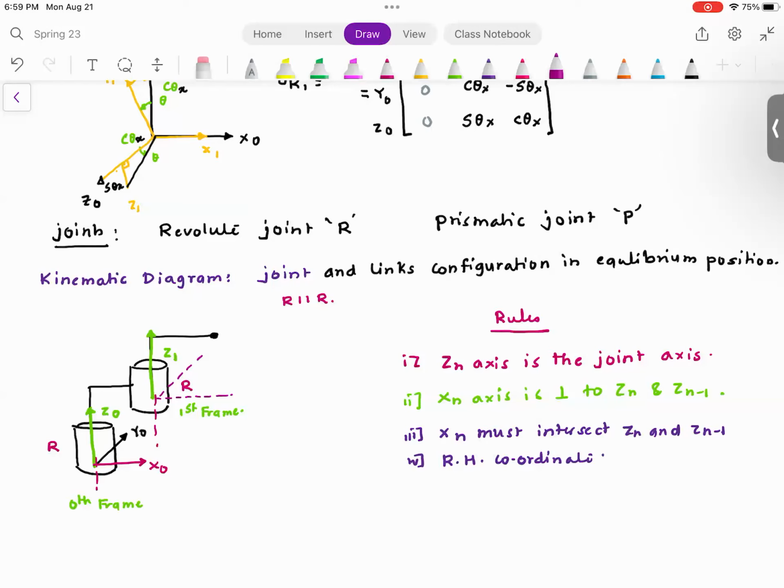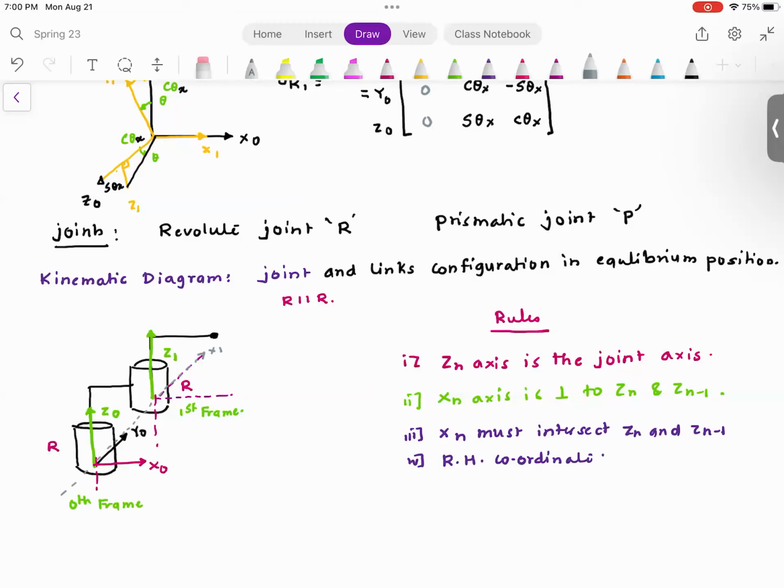If you draw X1 here, please try to understand that X1 intersects Z1, but X1 does not intersect Z0. Do you agree with me? Because they are parallel to each other. Are you able to visualize this?